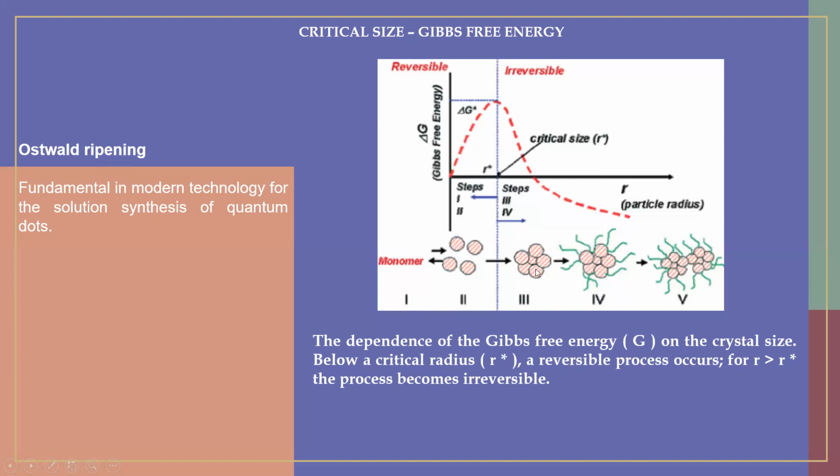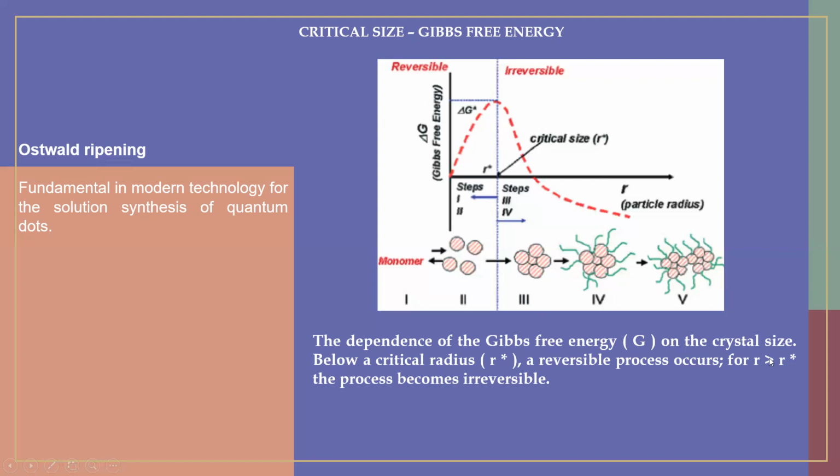Then only does it grow further, making some bonds, and other atoms or molecules aggregate together, so the nucleus enlarges in size. Below R star, it is a reversible process, which means it does not undergo further growth.